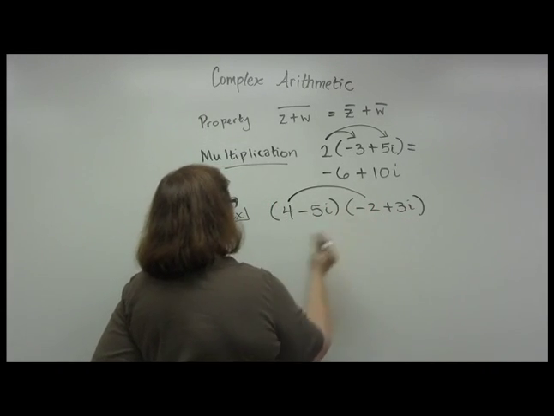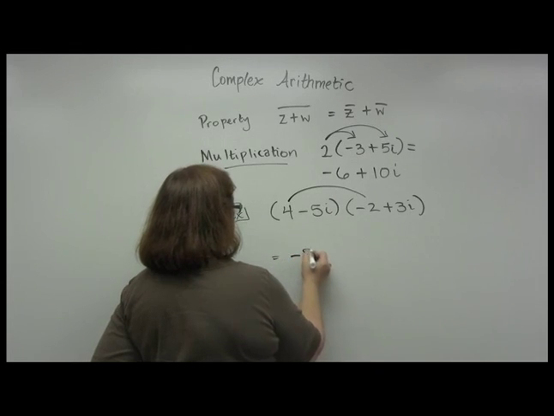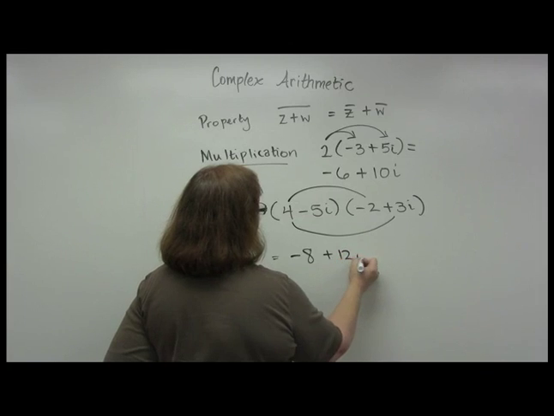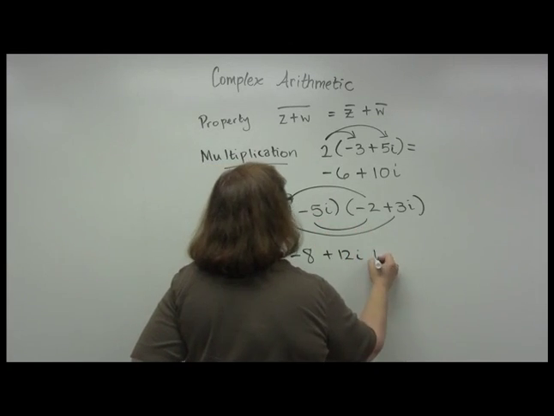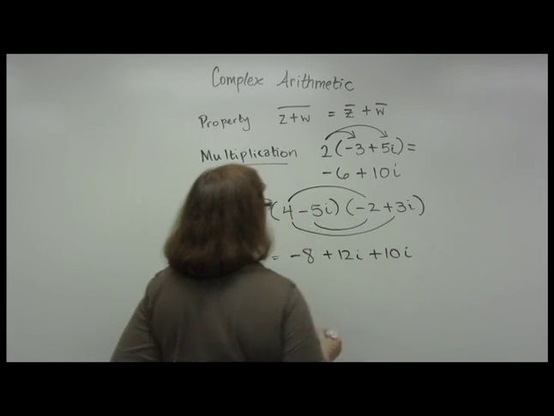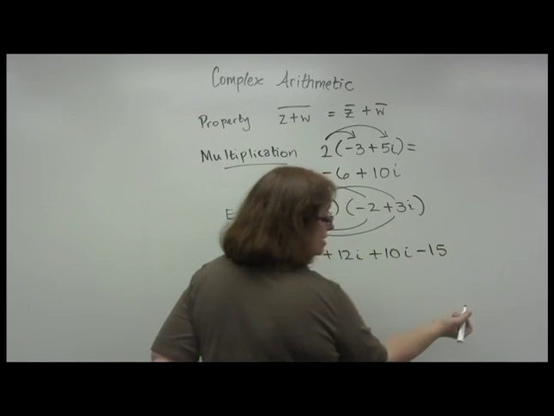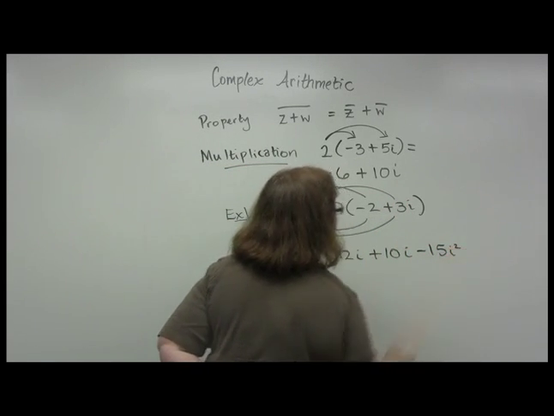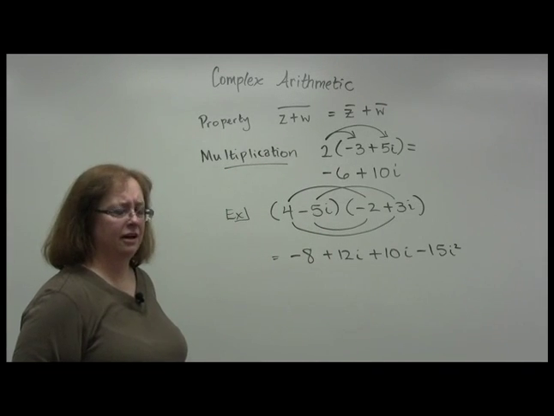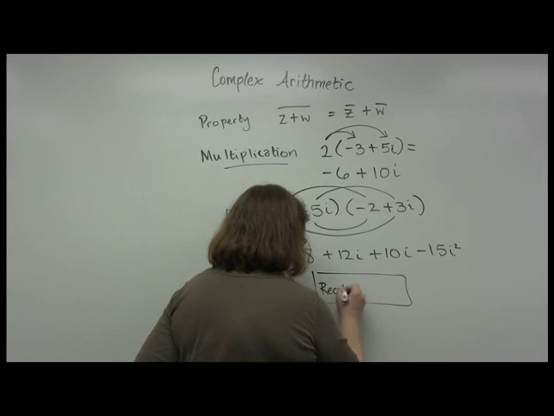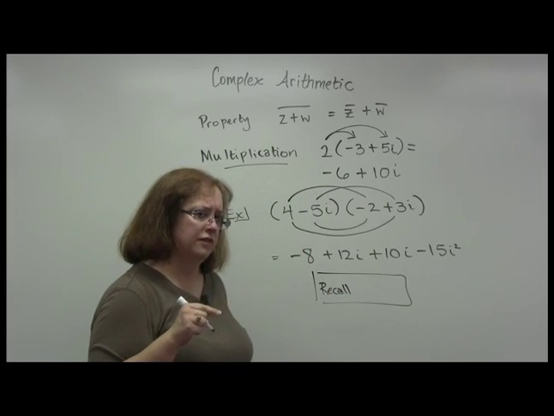So if I do the first, I get negative 8. If I do the outer, I get plus 12i. If I do the inner, I get plus 10i. And if I do the last, I get minus 15i times i, right? Which is i squared. Now what is i times i? Okay, recall, i was the square root of negative 1.